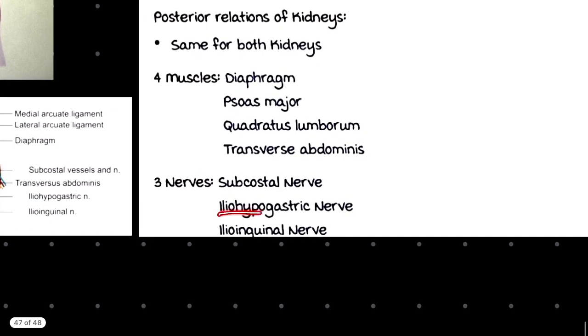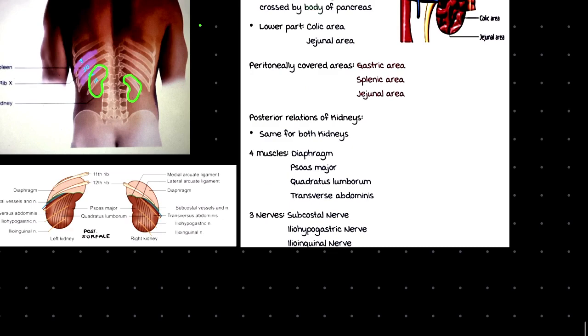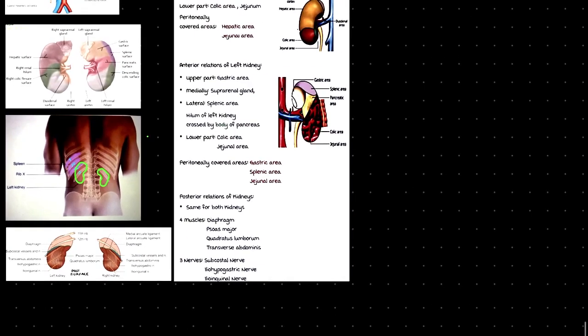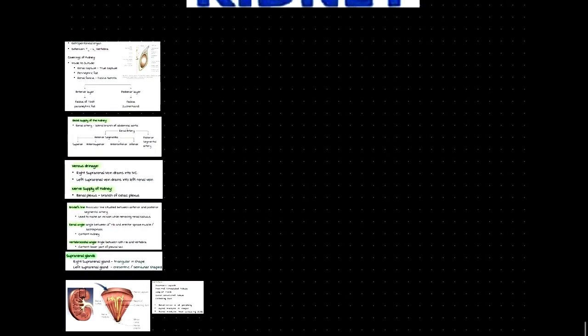We have iliohypogastric nerve. We have ilioinguinal nerve, the most medial one. Right now we are looking toward the posterior relation of kidney.